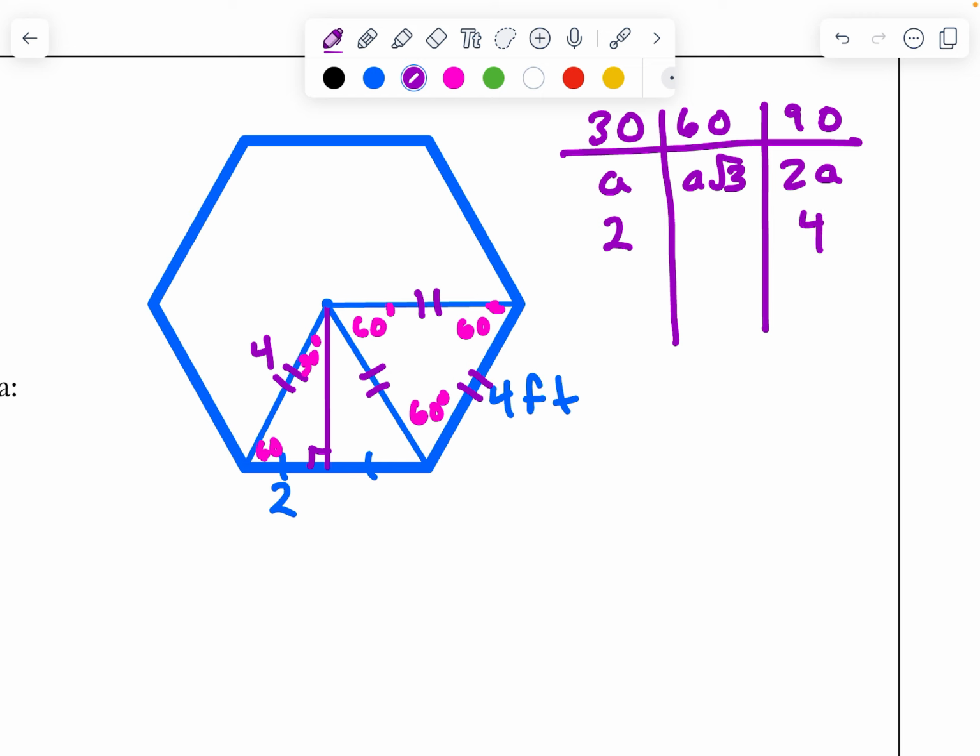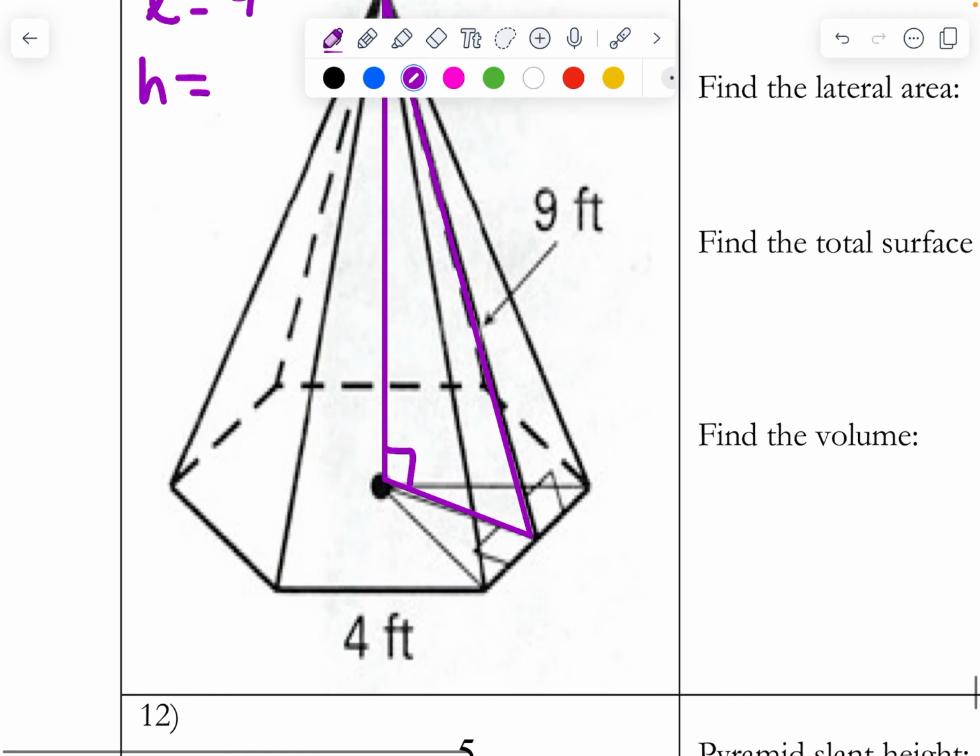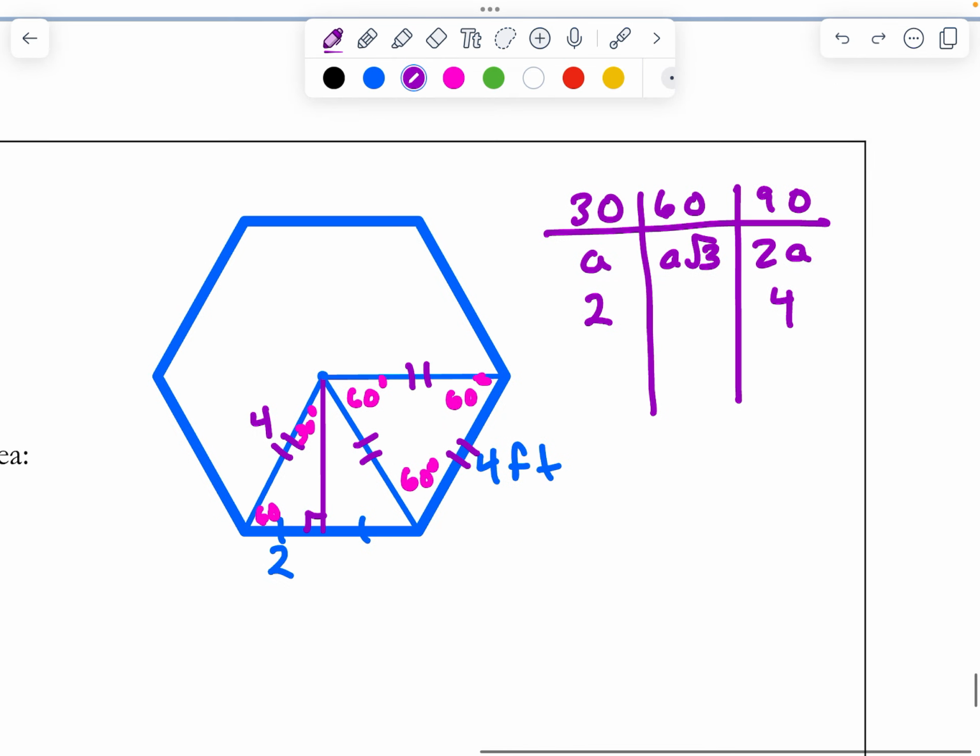And so, in order to find my purple length there, my altitude in this case, or my side of the triangle here, I would have needed to use A root 3. So since A is 2, my answer for the side across the 60-degree angle, the altitude here, would have been 2 root 3.